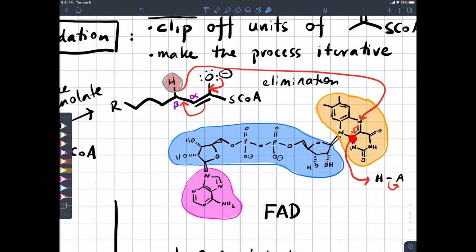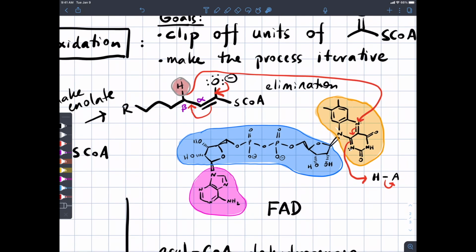We aren't really worrying about why this portion of FAD is electrophilic, only that this nitrogen is conjugated to carbonyl oxygens that are withdrawing electron density. You could, by resonance, put a positive charge on that nitrogen. So we're delivering a hydride there and picking up a proton to neutralize the resulting charge.